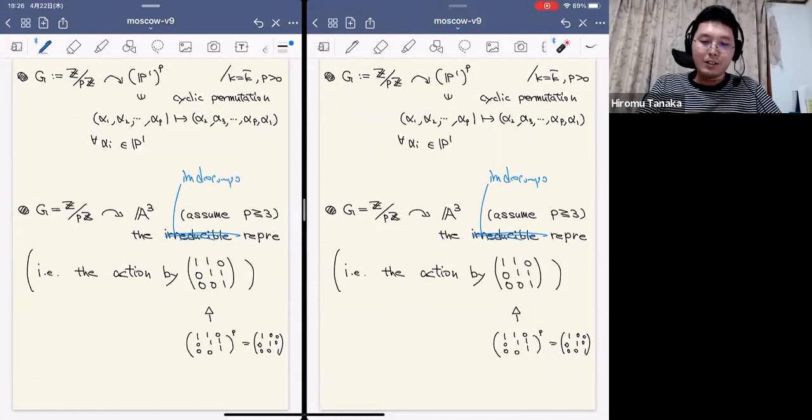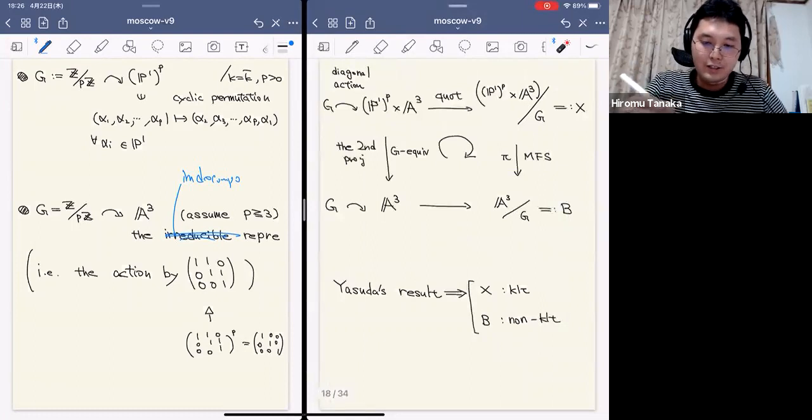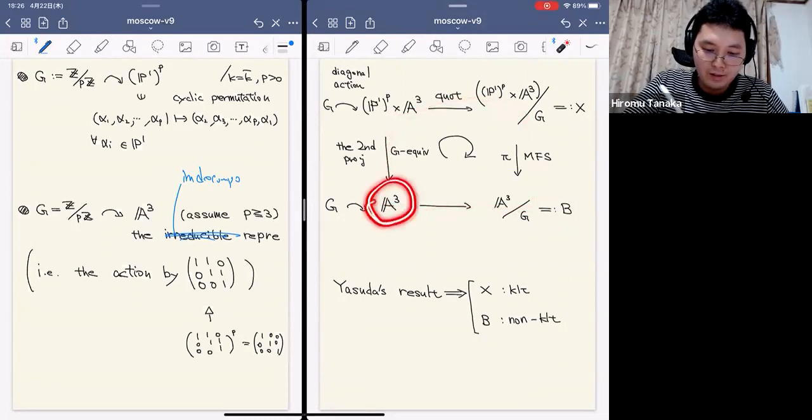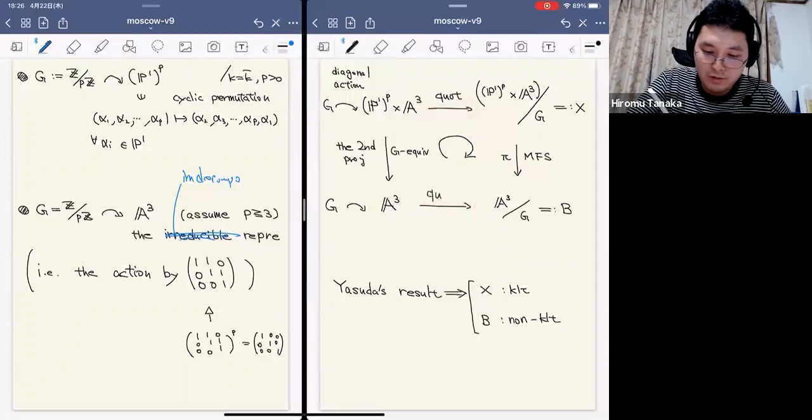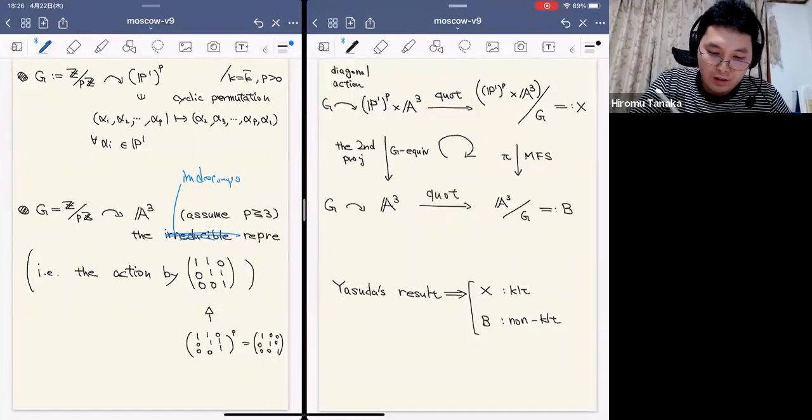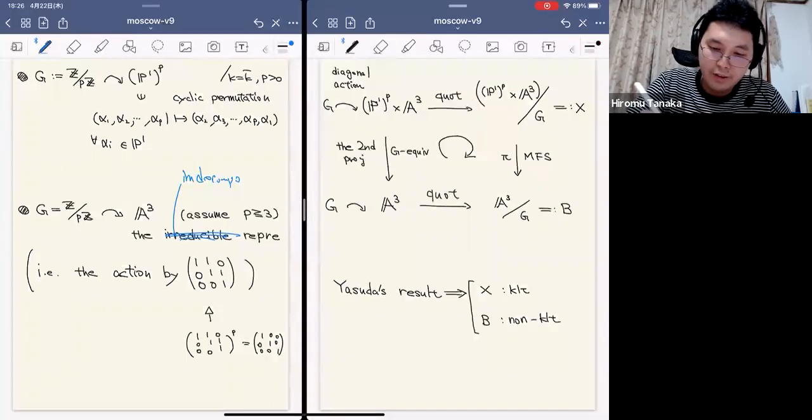Okay, then what we would do is to consider this square diagram. Both horizontal arrows are the quotient, and this particular arrow is G-equivariant, and each of them has a G action.